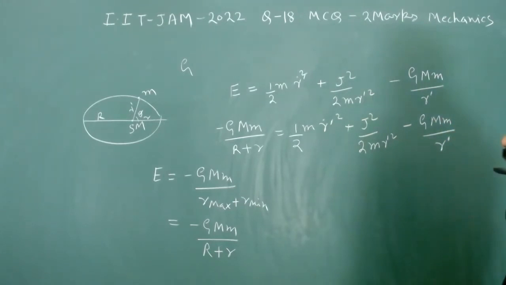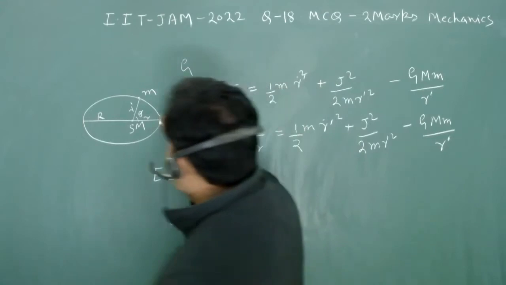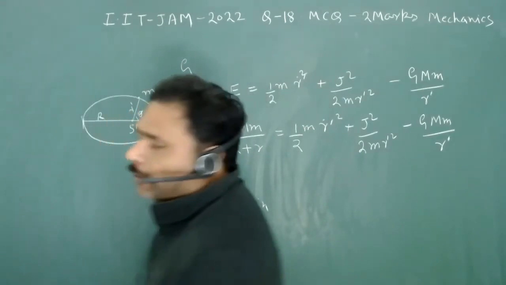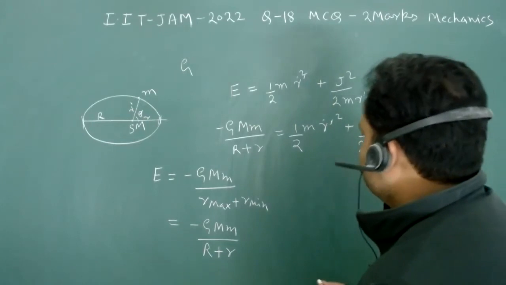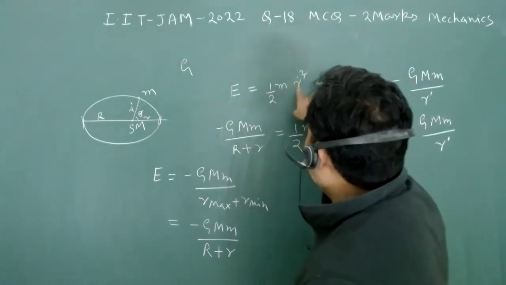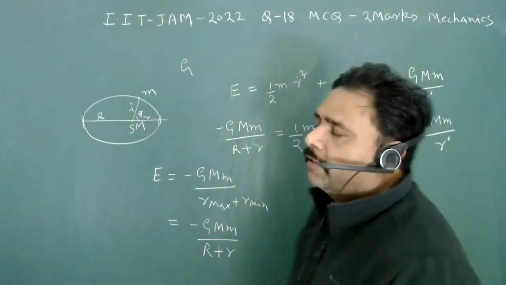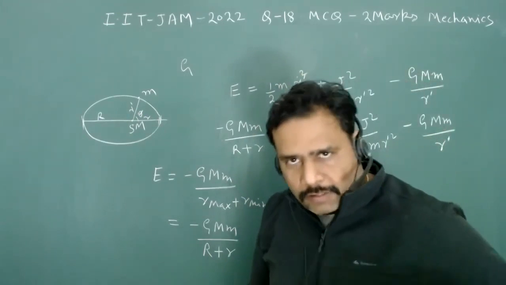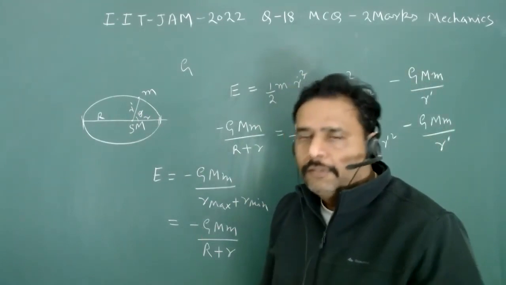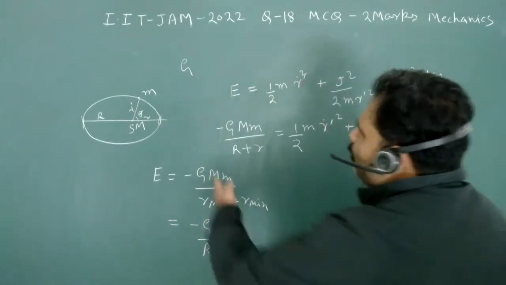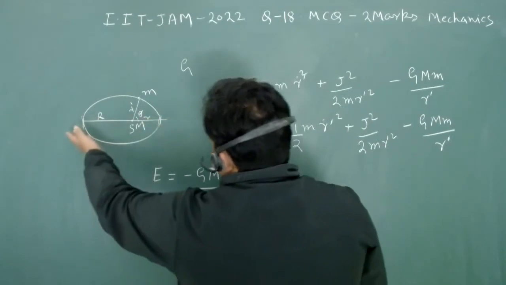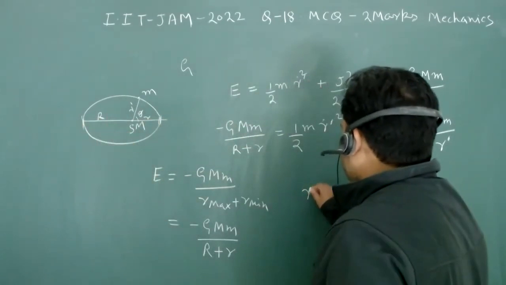Now we know that r minimum and r maximum are also turning points. If it is a turning point, that means at this point r dash dot is equal to 0. The translational velocity is 0. So at any point you can take either r minimum or r maximum. I am just taking r maximum.